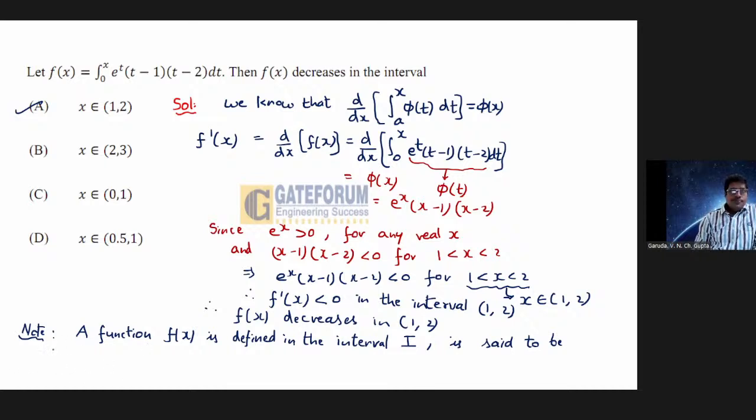The function is said to be, 1, a strictly increasing function, if the first derivative f dash x is greater than 0 for all x belonging to I.